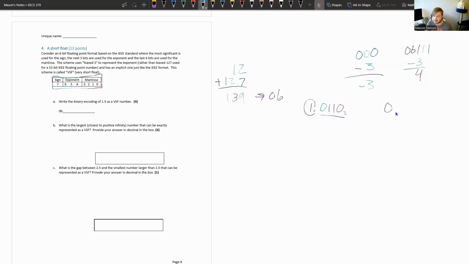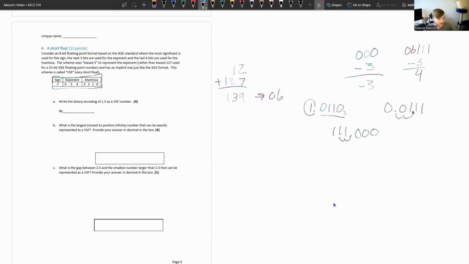If we have something like 0.0111, we can move the decimal point so that a 1, and only one 1, comes right before the decimal. That's why we do that. And it says this scheme is called VSF, or very short float.